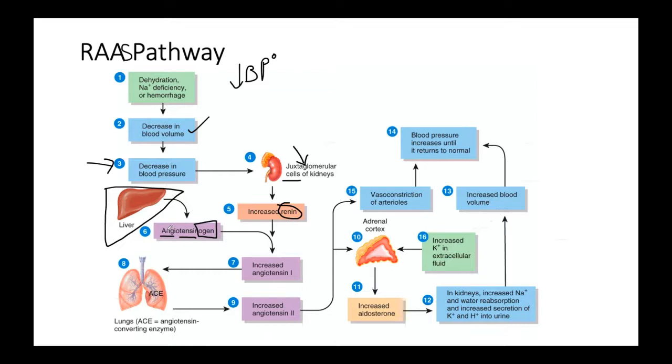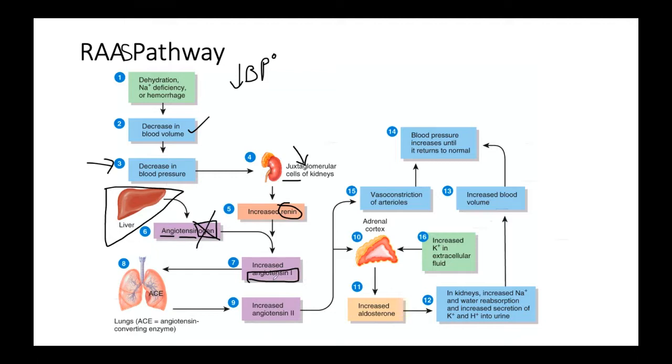So this angiotensinogen has the ability of doing something, but it's inactive. So what renin does is renin bumps into it, and it knocks off the ogen and converts angiotensinogen into something called angiotensin 1.